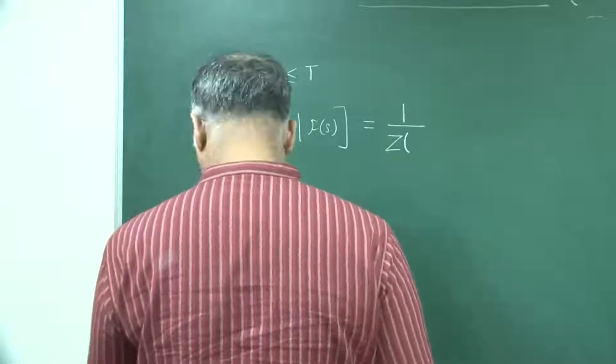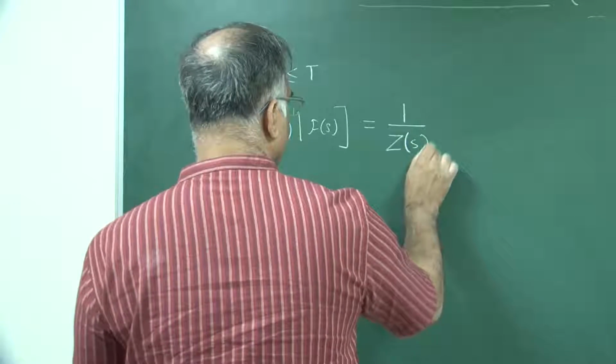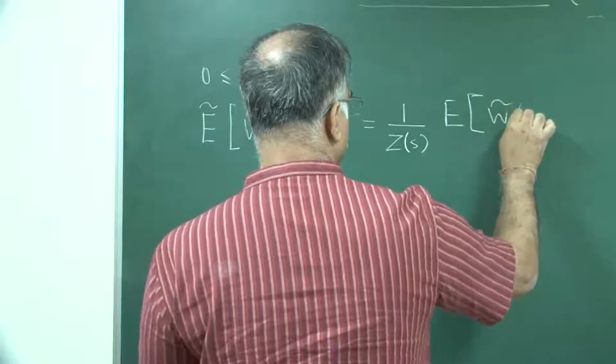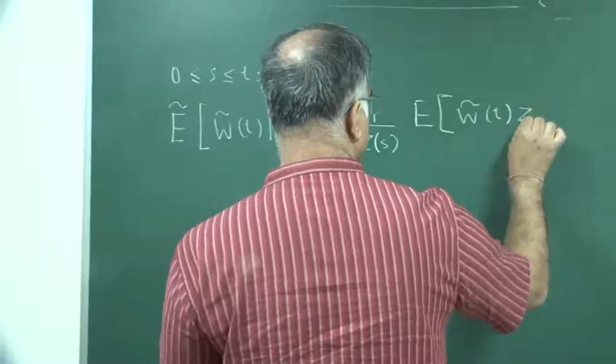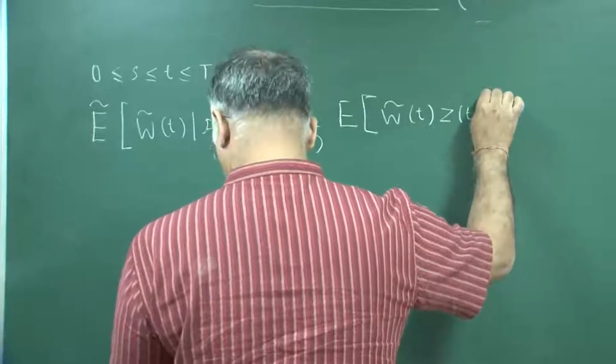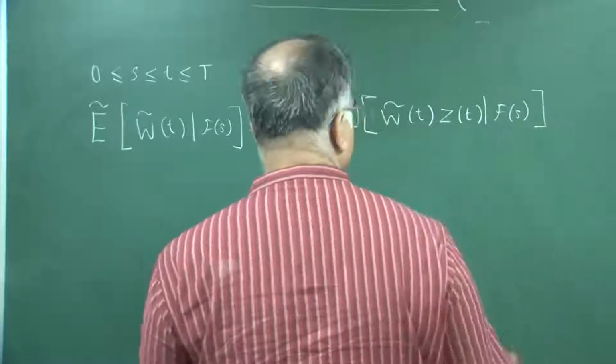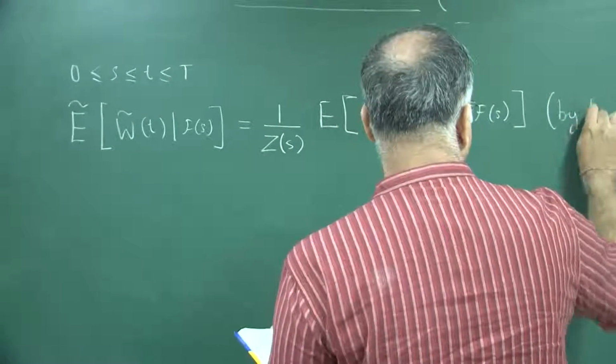So I will have, by lemma B, Zs W tilde s equal to the conditional expectation of W tilde t Zt given Fs. So this is by lemma B.